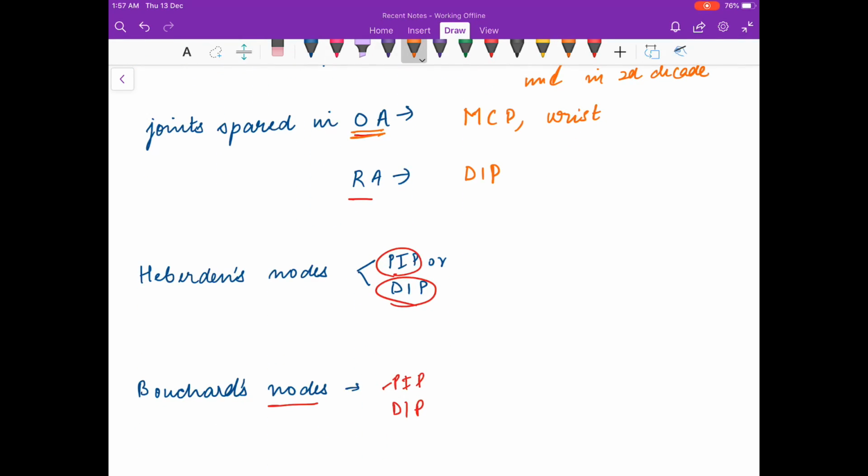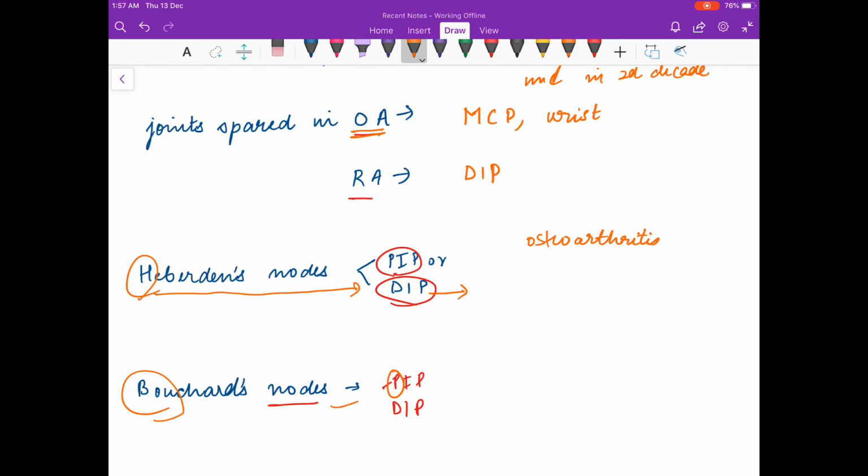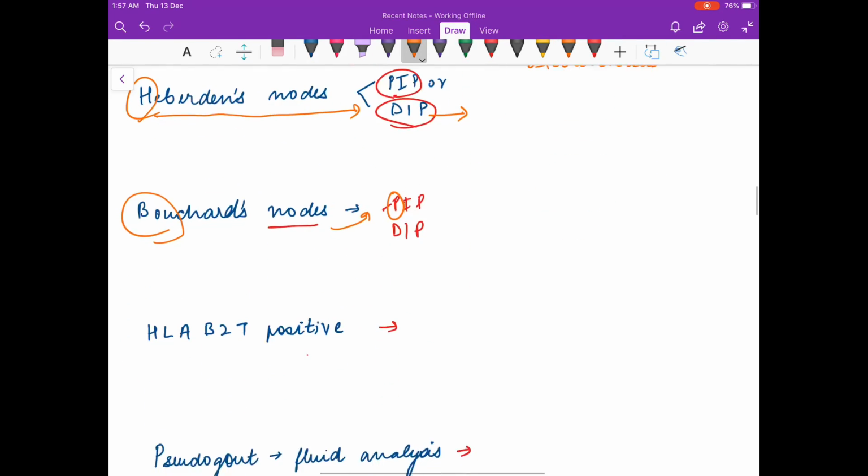Heberden nodes and Bouchard's nodes are seen in osteoarthritis. B comes first, so it involves proximal interphalangeal joint. H comes later, so it involves DIP. Heberden nodes are seen in DIP and Bouchard's nodes are seen in PIP.